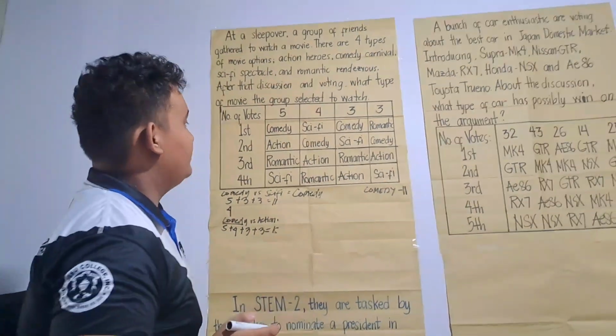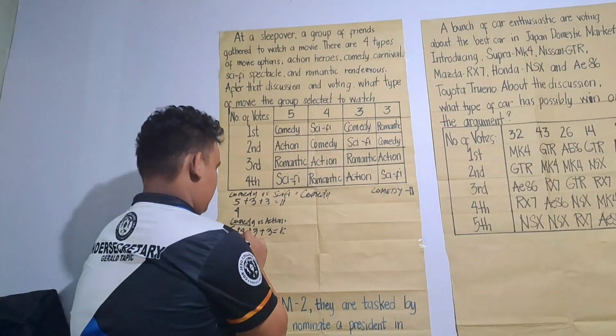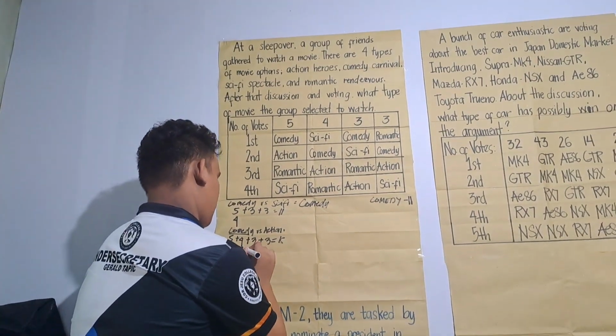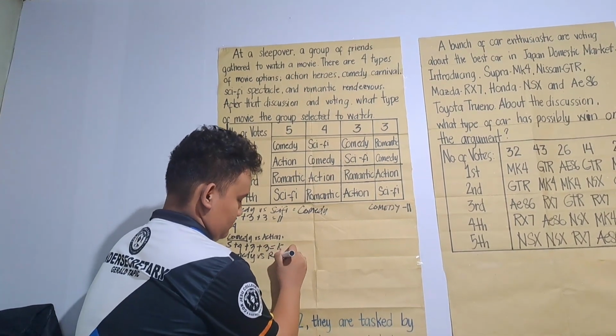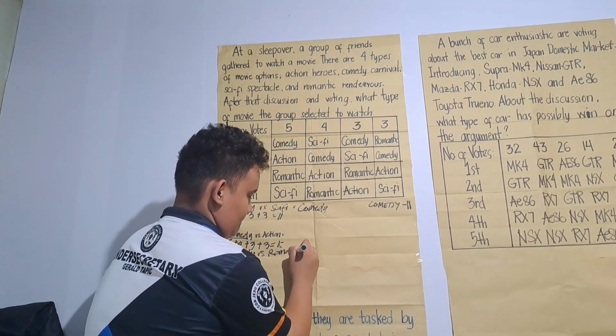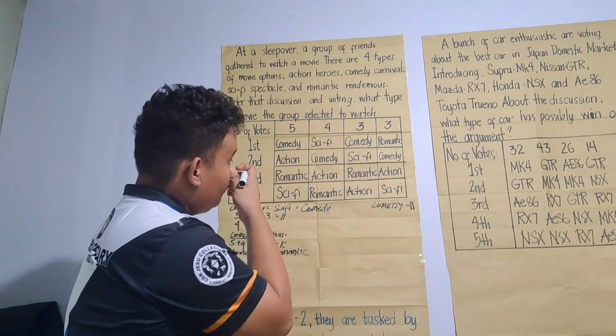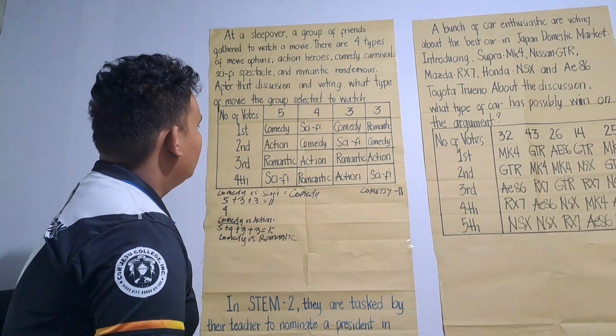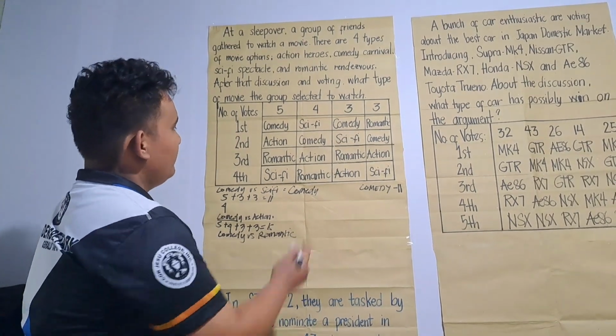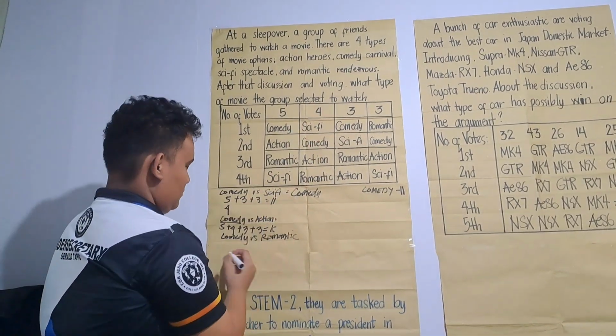Then for the next matchup is comedy versus romantic. So we'll try to look again in the table. Comedy has 5 votes.